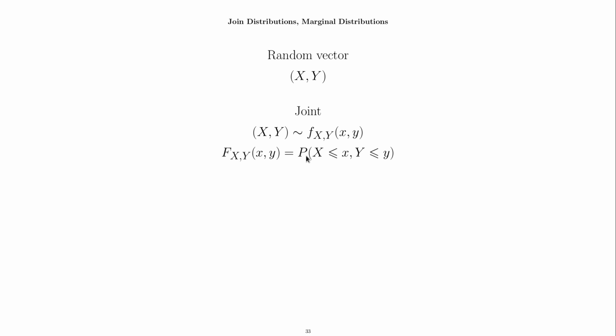And this is just the probability function now, a two-dimensional probability function, that x is less than or equal to little x, and y is less than or equal to little y.